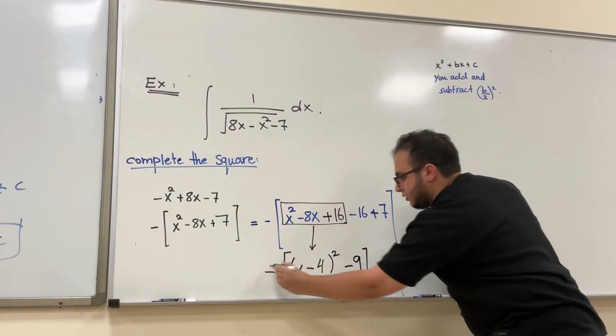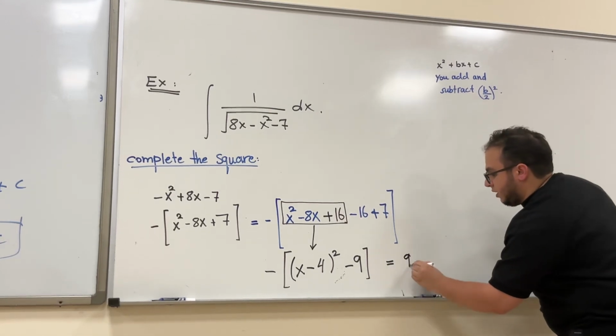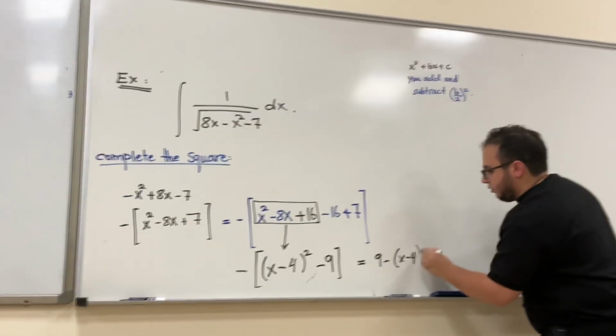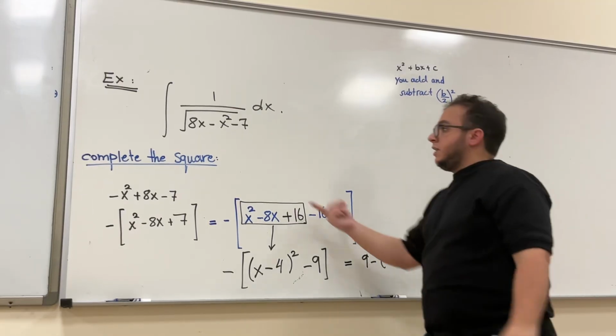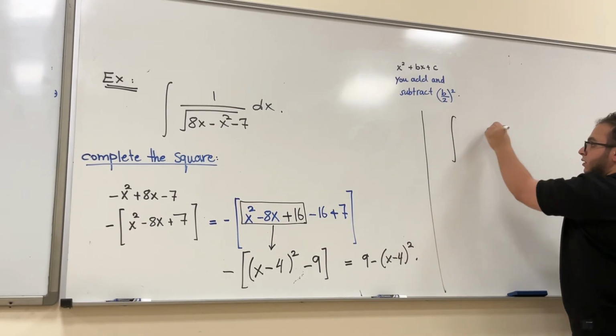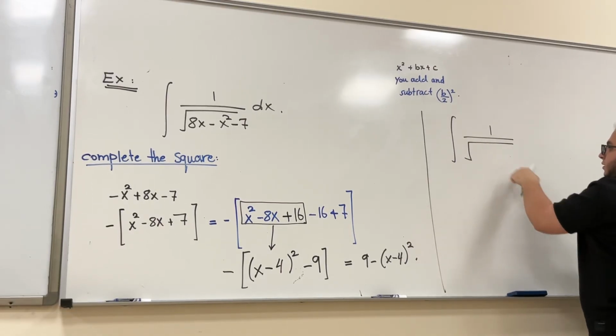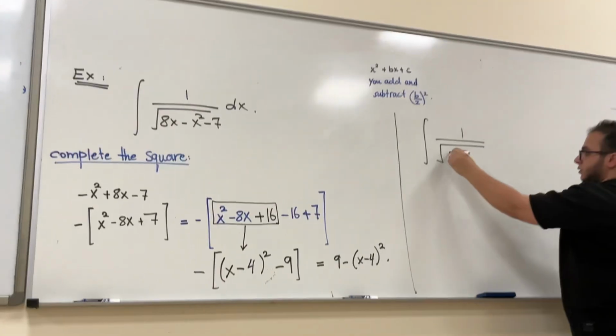And don't forget there is a minus outside. Now you can insert the minus back. It becomes 9 minus (x minus 4) all squared. That's what I'm going to replace the square root with. You do this in calculus 1 so many times.